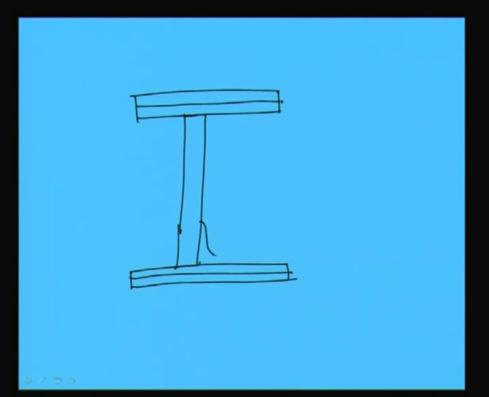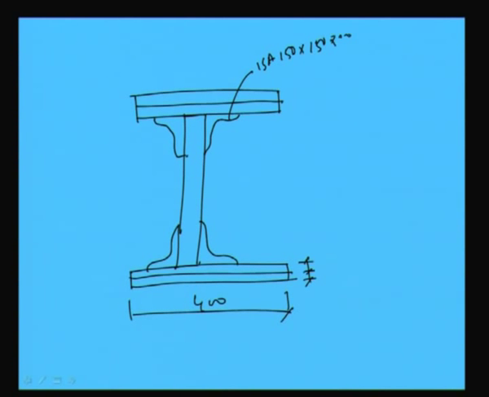I am not showing the curtailment here, just the section at the mid where I am trying to show. So, these are the details, right. Now, this I section is ISA 150 by 150 by 10, right, and the width of the flange is 400 and this is 16 mm, 2 plates we are providing, right, and this distance is becoming 1615 or 1700 we have considered, right.